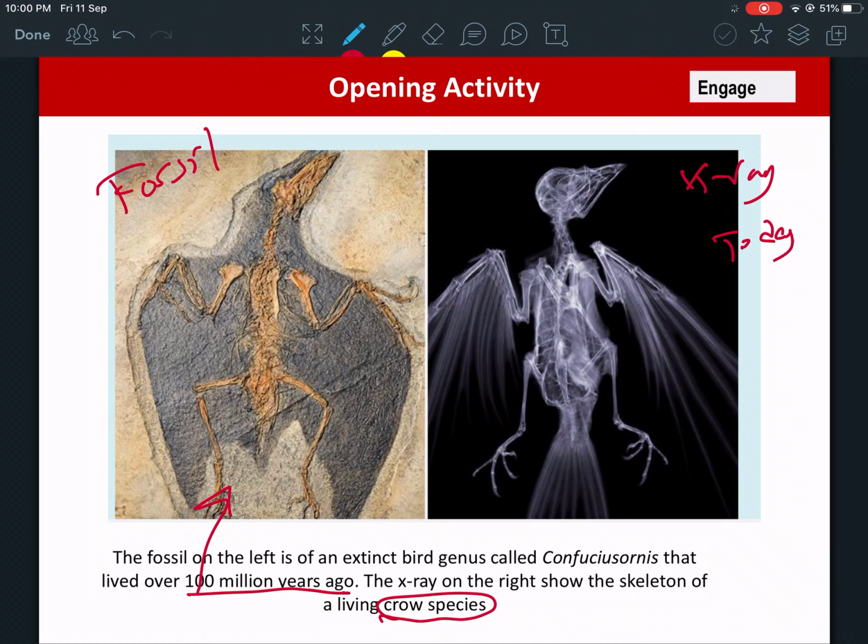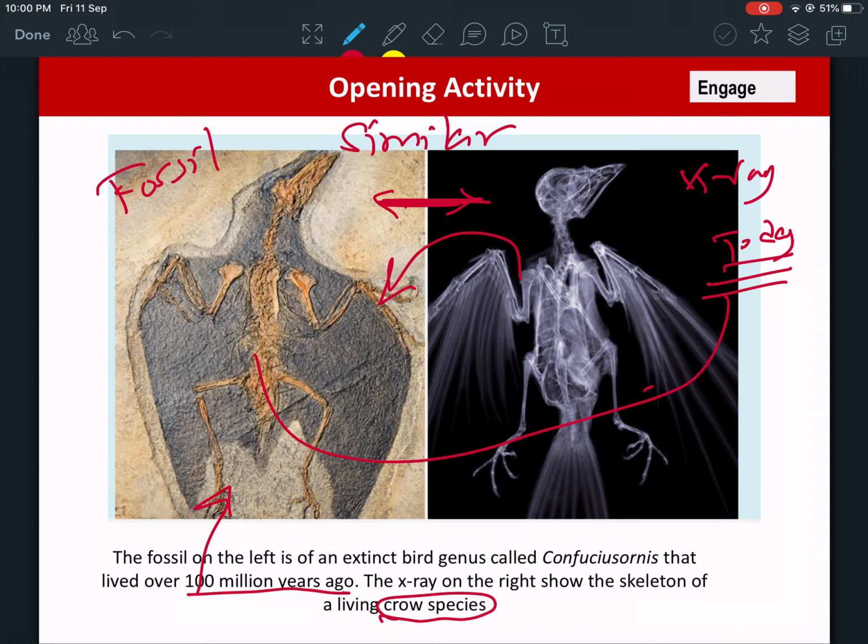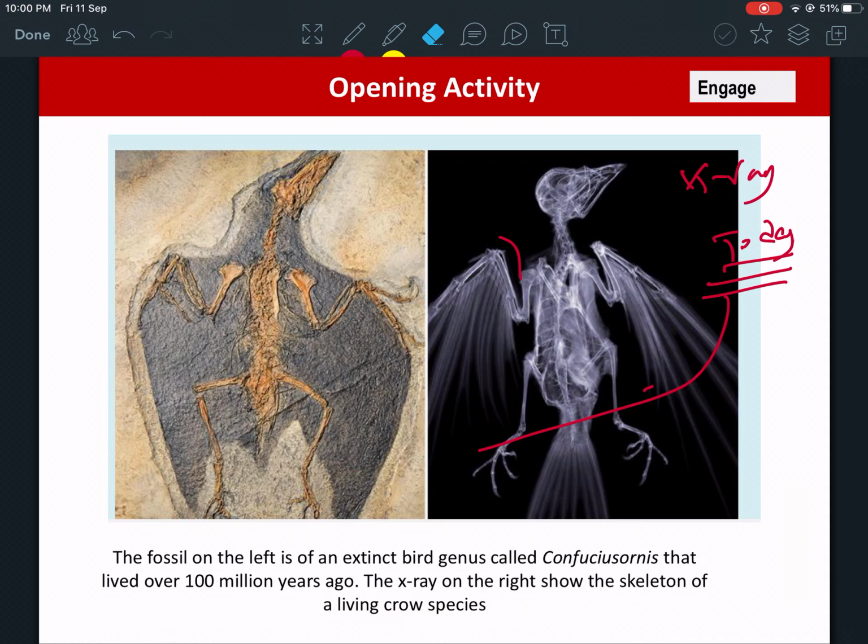They're trying to show you that these two species are similar, and this would lead to the conclusion that species today have similarities with species long before, with their ancestors. That's basically what the lesson is about. It's a little bit dry, but we're going to make it as simple as possible. You don't have to worry a lot.